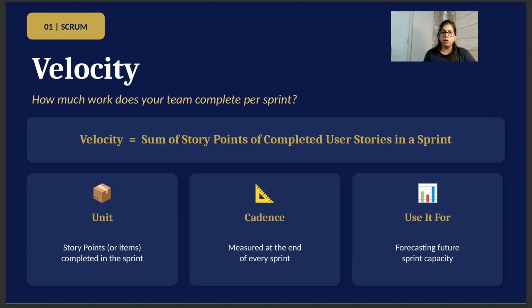It depends on your organization. Cadence, measured at the end of every sprint. And why do we use it? We use it to forecast future sprint capacity. So it's a very important metric to identify how much work your team is capable of taking into one sprint.